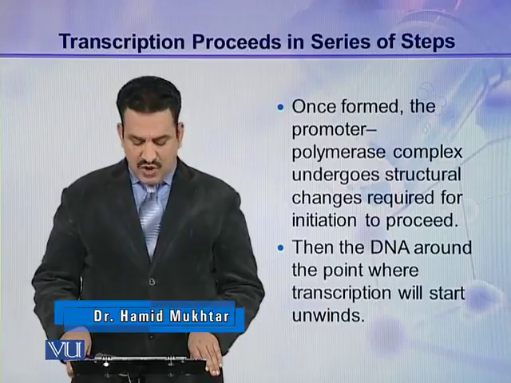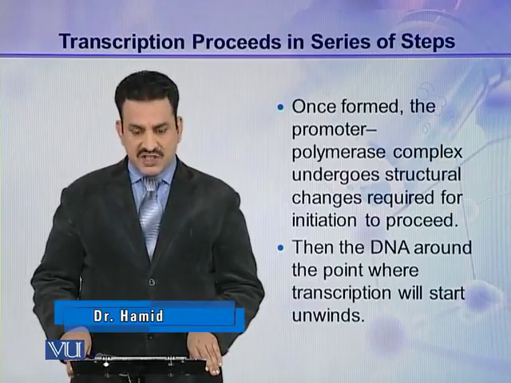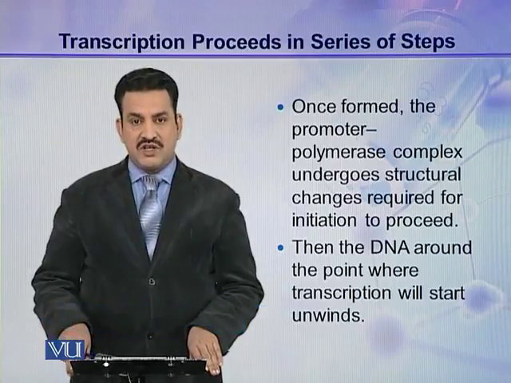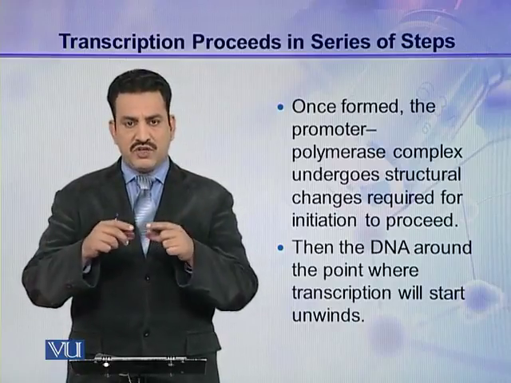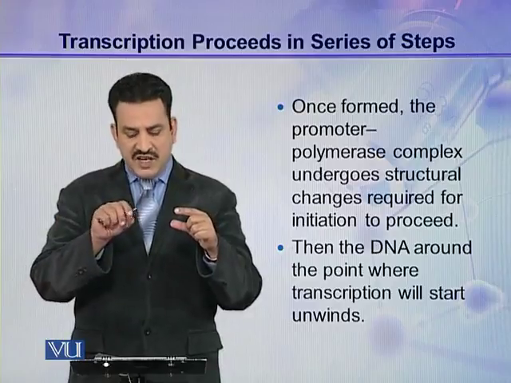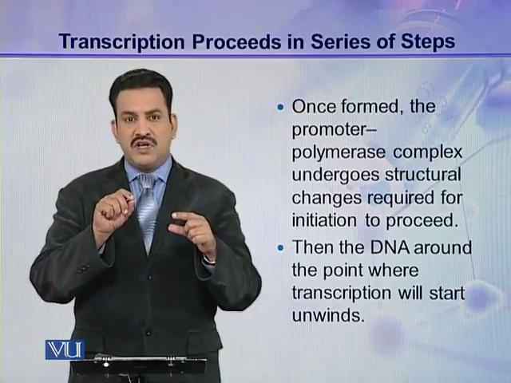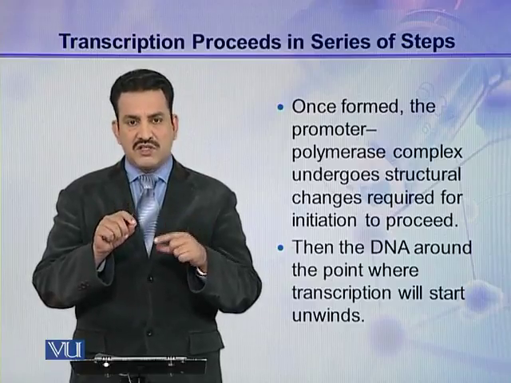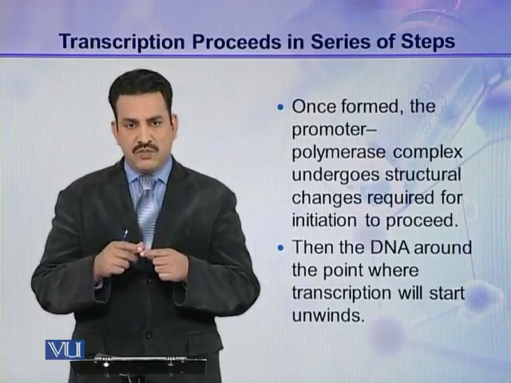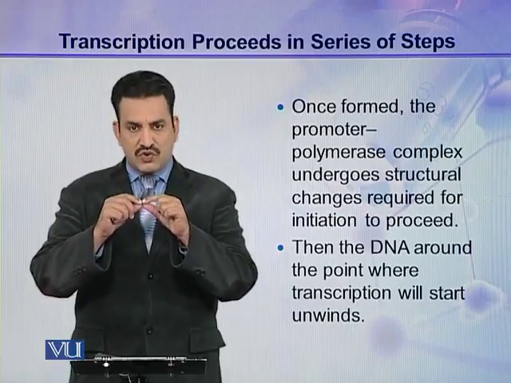Then the DNA around the point where transcription will start unwinds. That is, there is some point on the DNA, and that is the site of initiation of transcription. So once this complex is formed, the DNA unwinds from this site.